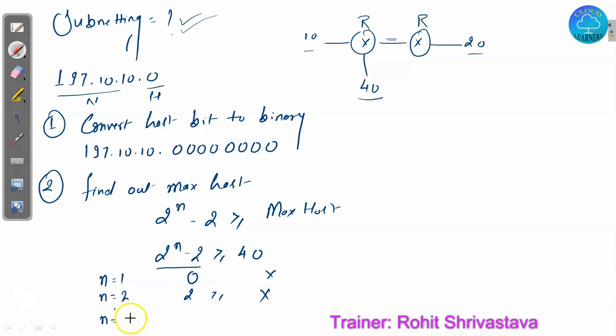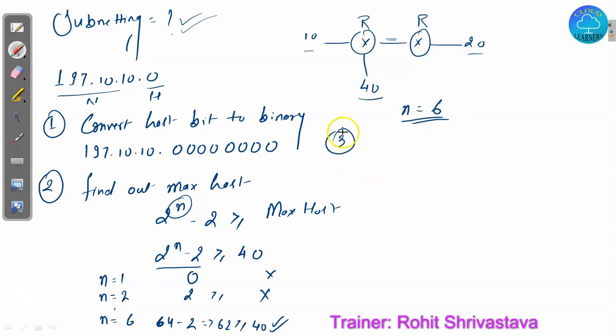If I put n equal to 6, then 2 raised to 6 is 64. 64 minus 2 is 62. Now 62 is greater than 40. So this is the correct equation. So here we need to find the value of n, and here I get n as 6, right? Now after getting the value of n, what do I need to do?